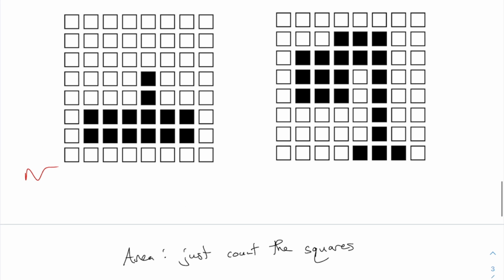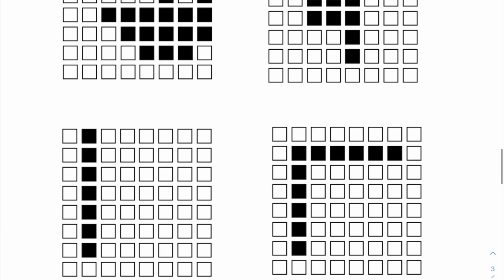Yeah. So for the area, just count the squares. If your shape is on a grid, then to find the area, all you got to do is count up the squares. And then for the perimeter, you count up the distance around the shape. So let's try this one right here.